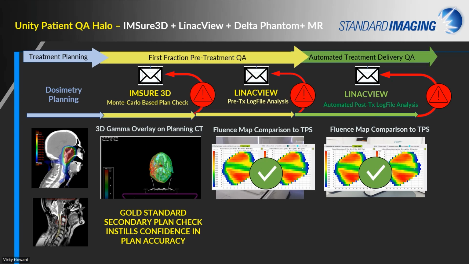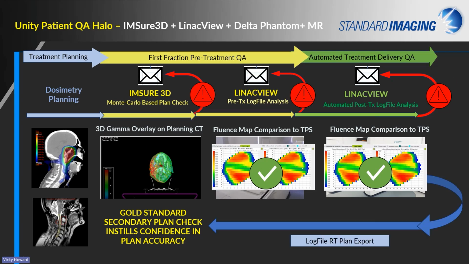And you don't have to do the post delivery machine QA that could add on a significant amount of workflow for physics staff. Again, this is also automated alerts, so if there's anything that is an issue, you will know it. And I'll follow up with giving more details of both the software, but I want to start with the workflow.